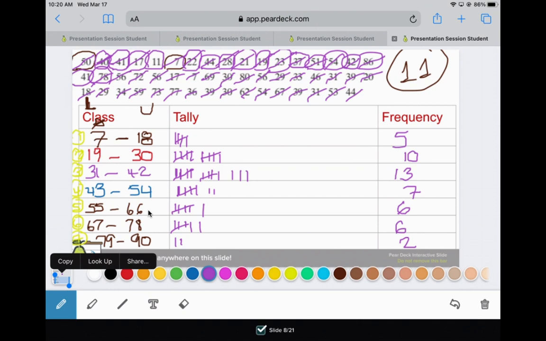No, I'm not sure what you mean by that. Like the class width? Uh-huh. No, it's 11. If it's 10, that would be 65, right? Yeah, 66 minus 55 is 11, yes. Mhm.